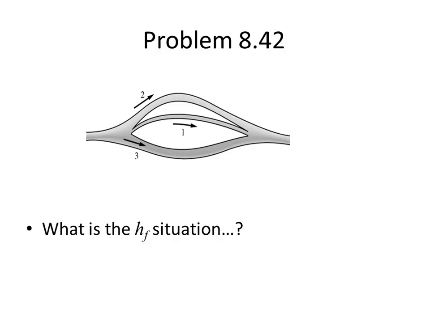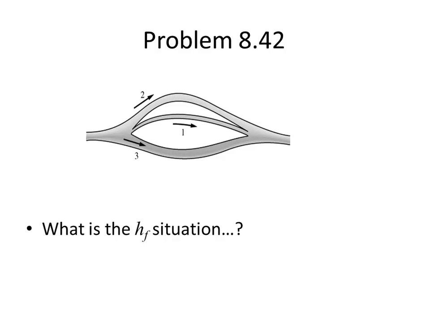Remember that the continuity relationship will be that the total flow rate is Q1 plus Q2 plus Q3. And so you're going to use this to express the velocity through pipe 1 in terms of the velocity in pipe 3, and you'll be able to do 2 in terms of 3.